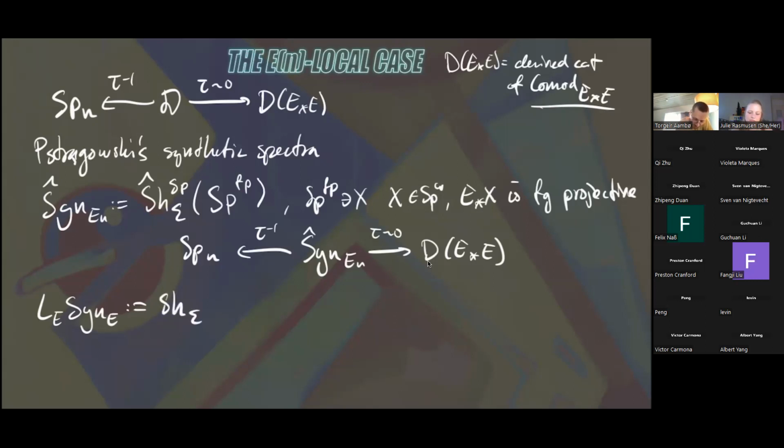But this is again all sheaves of spectra, but instead of using just the site of finitely E star projective spectra, you take only the ones that are already E_n local. So in this way, you don't have to worry about things being hypercomplete or not. Automatically, all sheaves in this category are hypercomplete, so you don't have to worry about ad hoc hypercompleting stuff afterwards. And this is, in my opinion, a much cleaner way of phrasing these things.